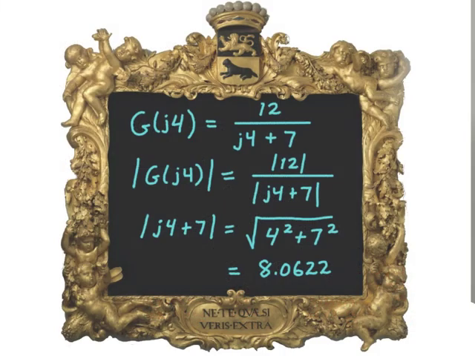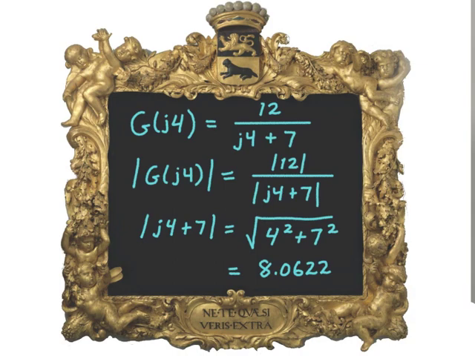So to determine the output, we need to find the magnitude and the phase of the transfer function evaluated at the frequency. So let's look at the frequency 4 radians per second. We'll evaluate the transfer function at s equals j times 4.